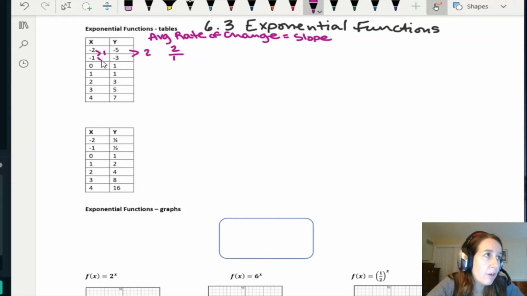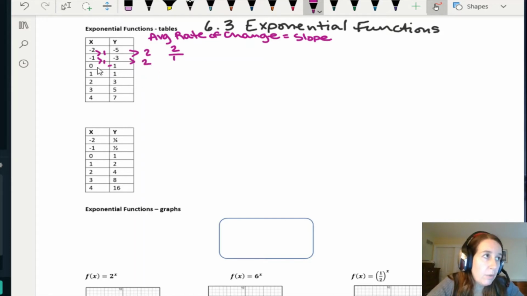Notice that we go from -1 to 0, so that's another change of 1 in x's, and the y's go from -3, and sorry, this was supposed to be a -1. So -3 to -1, the y's also are increasing by 2.